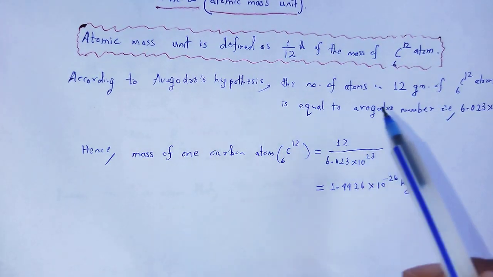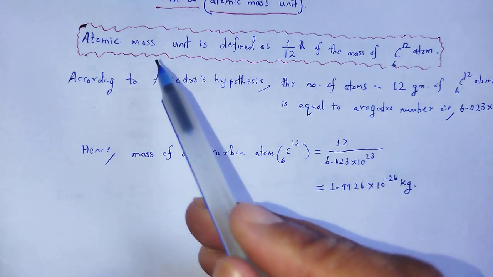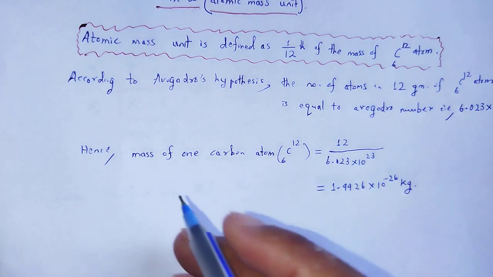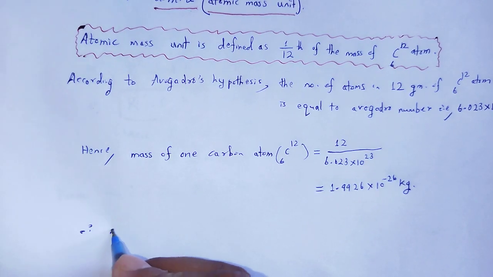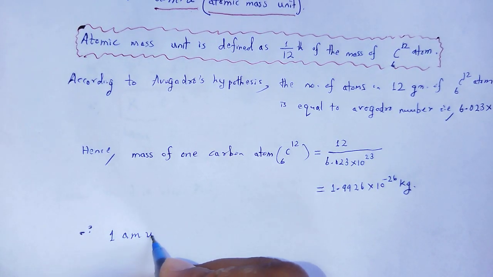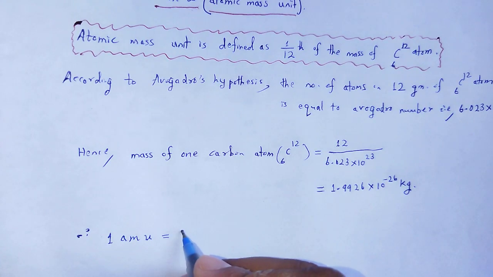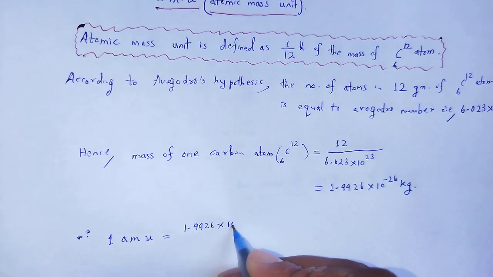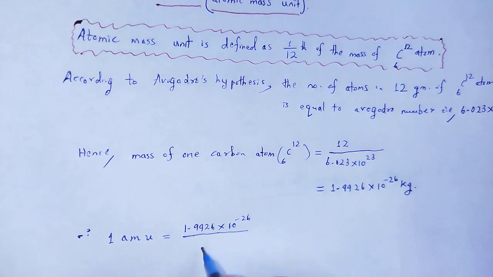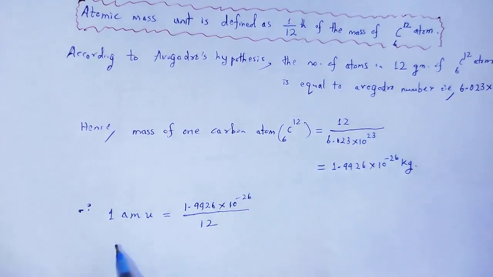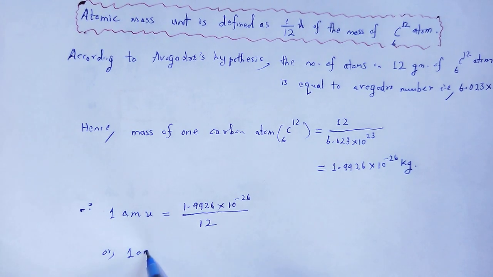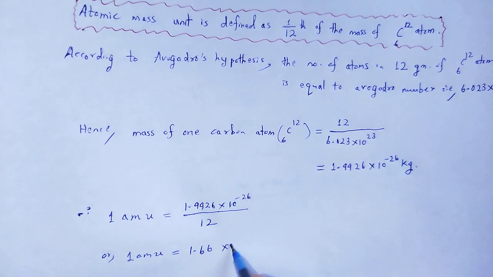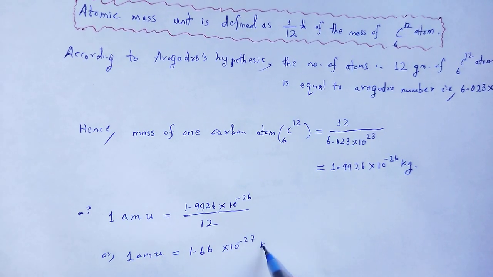According to our definition, 1 AMU is equal to 1 by 12 of the mass of carbon atom. Therefore, 1 AMU is equal to 1.9926 into 10 to the power minus 26 divided by 12, or 1 AMU is equal to 1.66 into 10 to the power minus 27 kg.